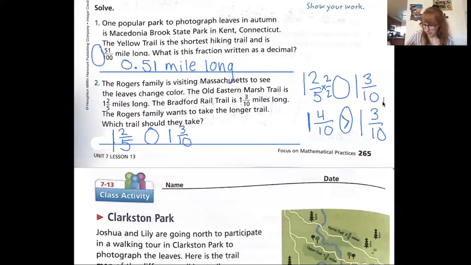So that means that the Old Eastern Marsh Trail is the longer trail, and we can abbreviate that to Old Eastern Marsh. That's fine. Okay?